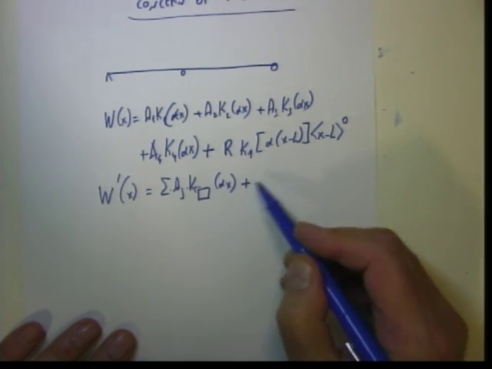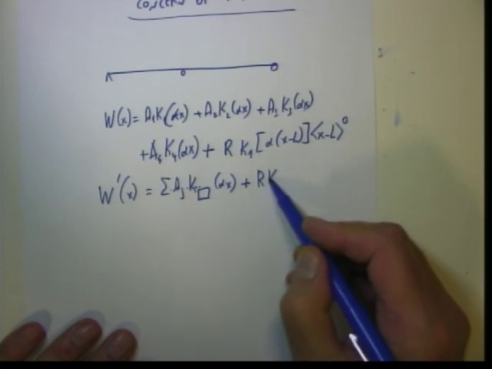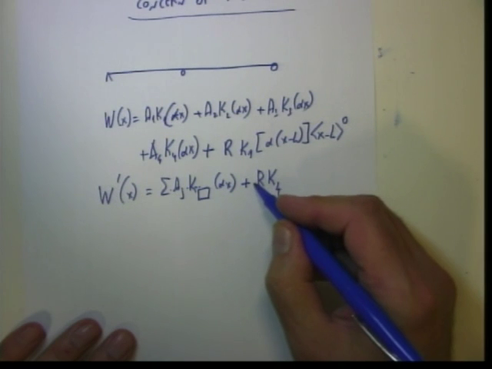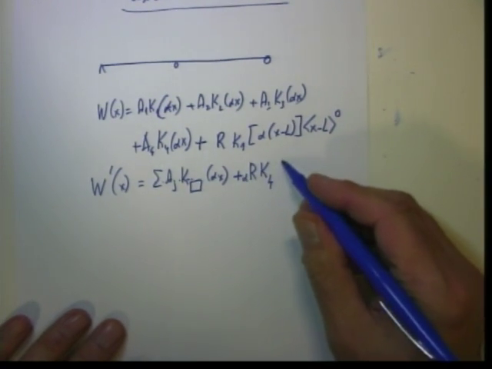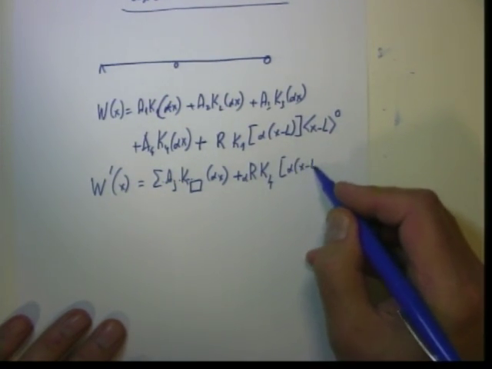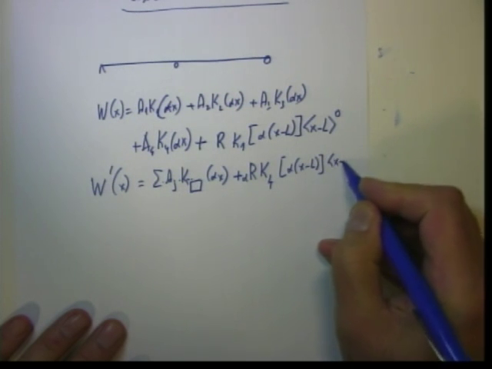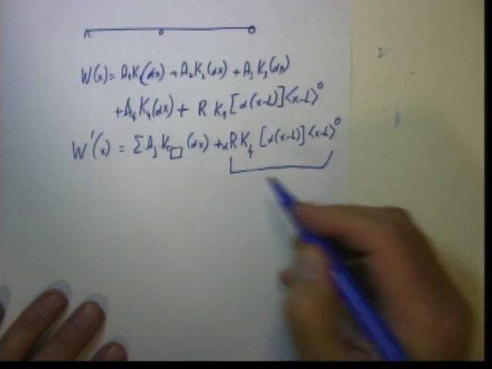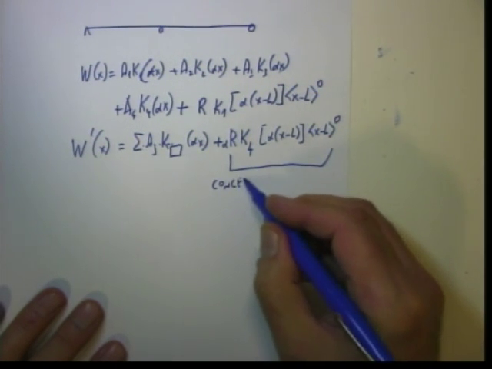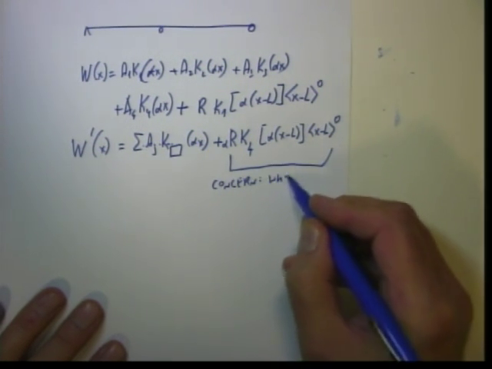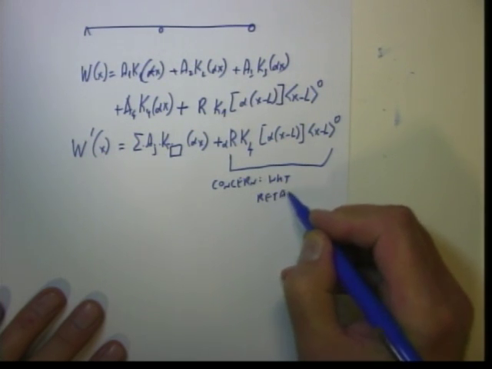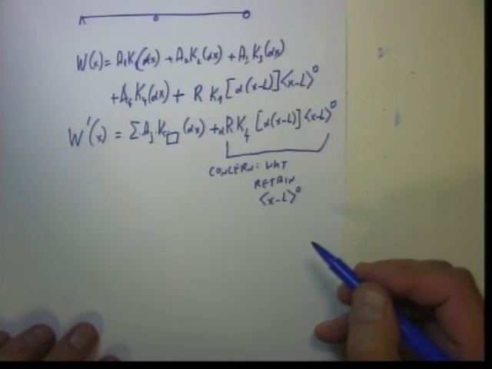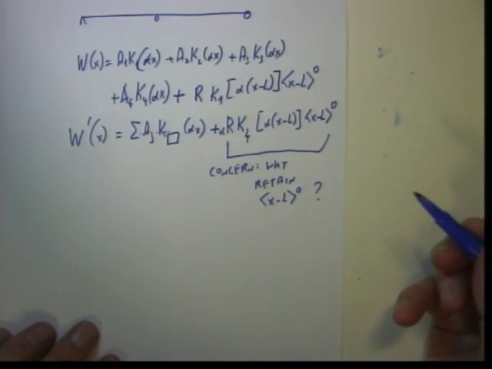And then I wrote that it equals R times, first of all alpha, and then K4 alpha x minus L, x minus L zeroth power. So the concern was why retain x minus L zeroth power, something like that. I think that was a concern.